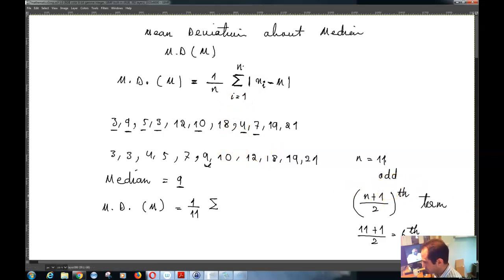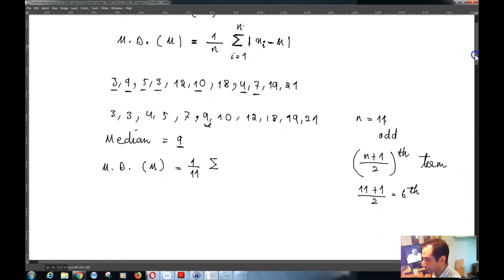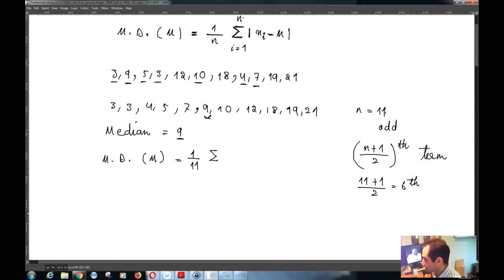So x_i minus M is basically the difference of all of these observations and the median.